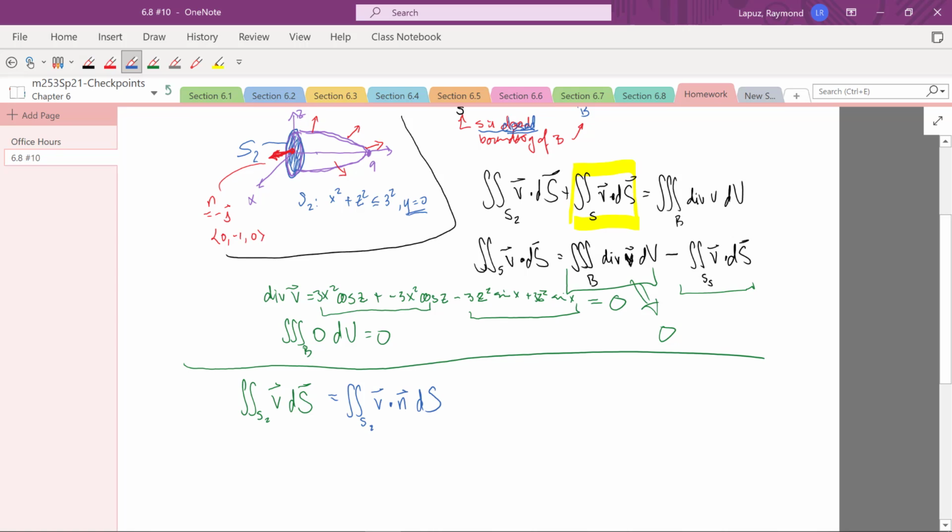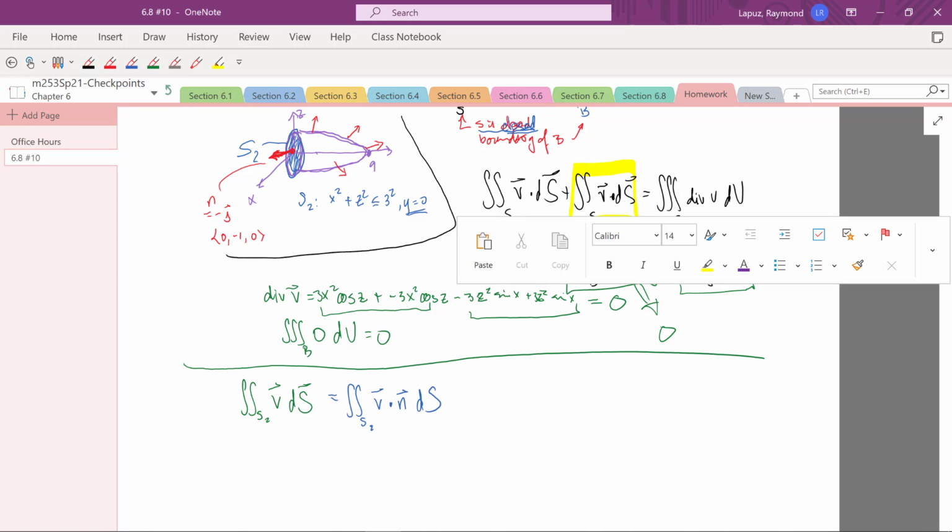It's the magnitude of the cross product of the derivatives of the parameterization, which is essentially the normal. And so we can go through a little bit of that process. I kind of don't want to get too bogged down with that computation, but let's see.